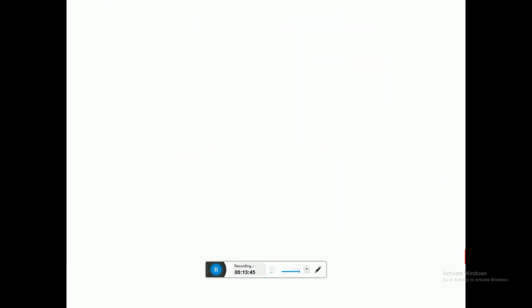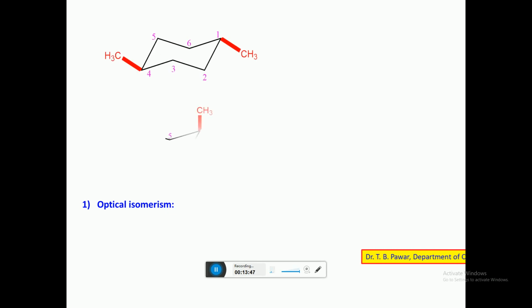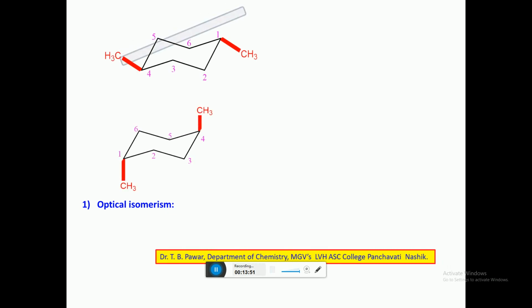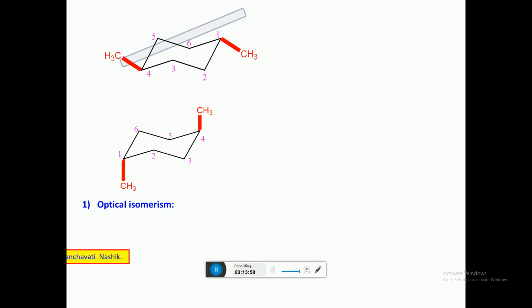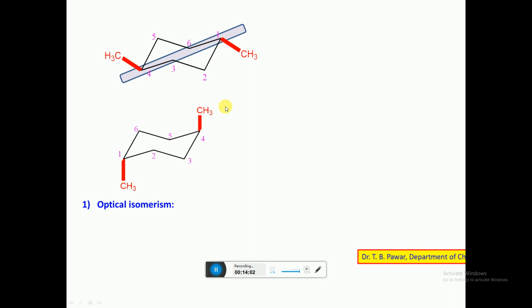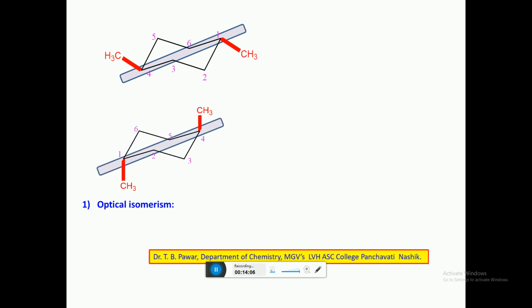Now again the optical isomerism. If we pass the plane between C1 and C4, the molecule is divided into two equal halves, so a plane of symmetry is there, from C1 to C4.